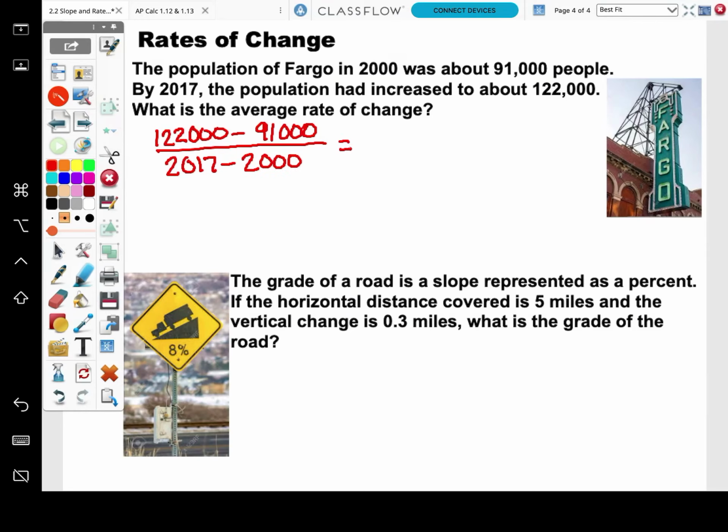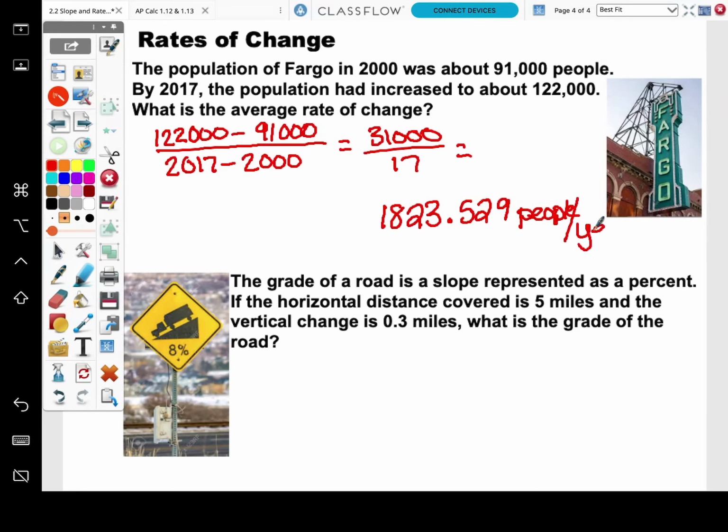Okay, some quick calculator work. This would be 31,000 over 17. So about 1823.529 people per year.